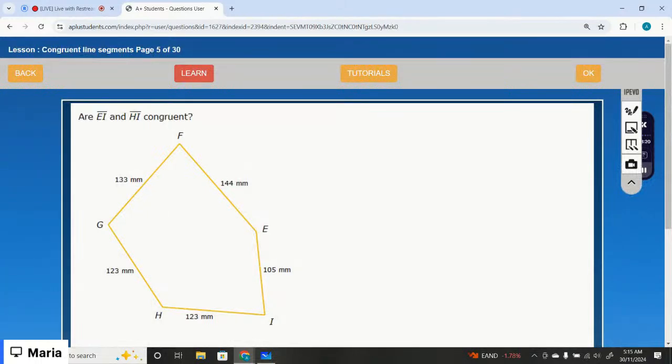Are EI and HI congruent? EI and HI, no, they are not congruent.